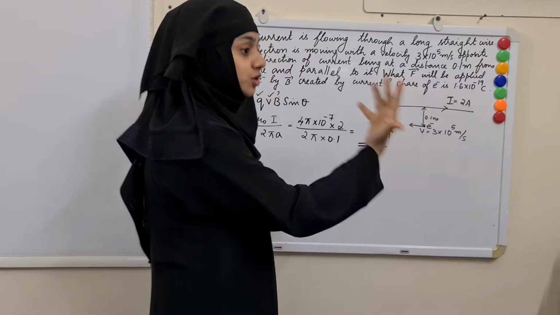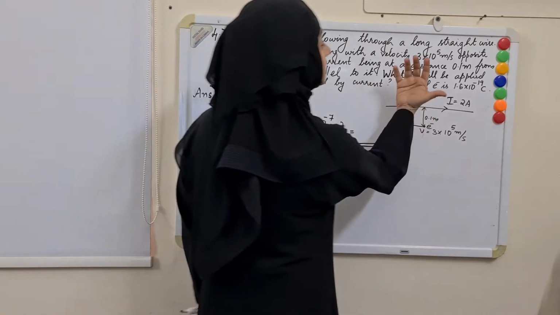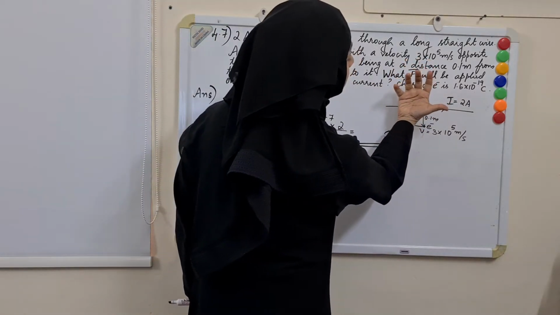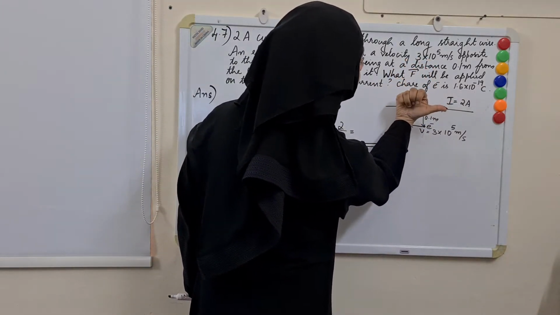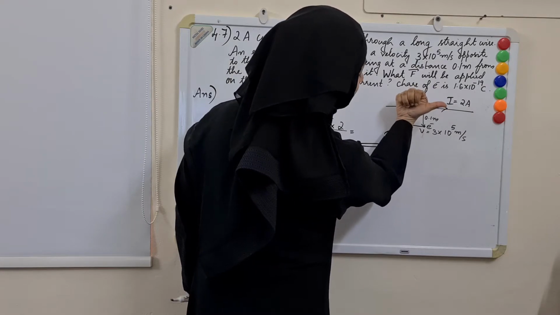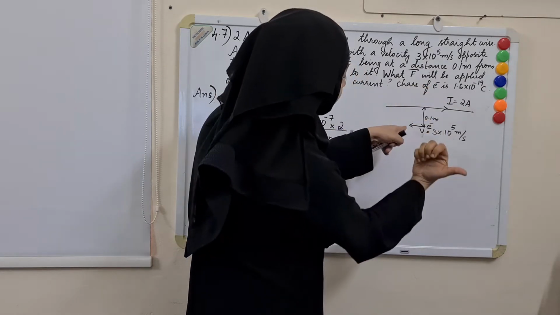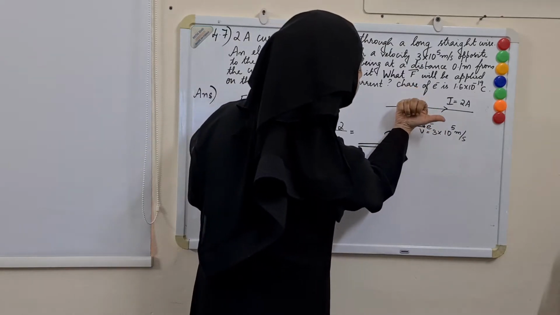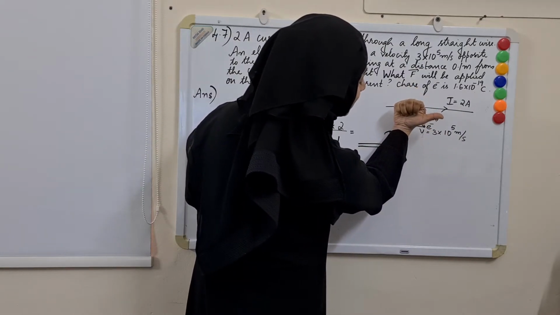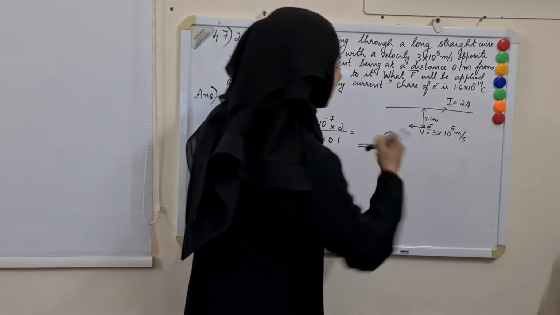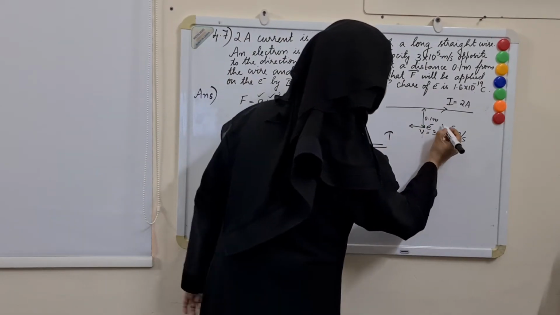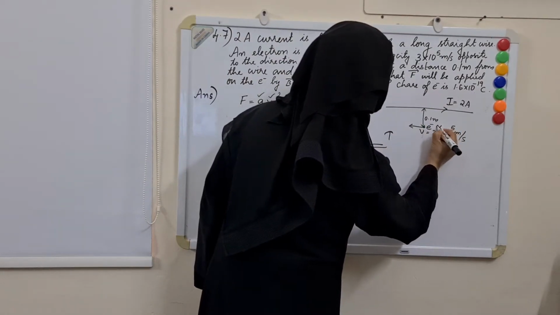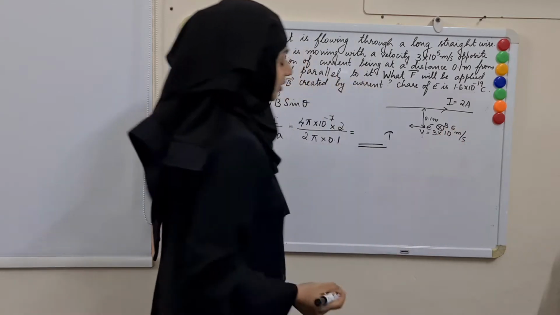You have to hold your right hand, point the thumb in the direction of current, and your fingers will curl in the direction of the magnetic field. So, if the electron is below this current carrying wire, the magnetic field will be inwards. So, here the magnetic field is inward, in this direction.